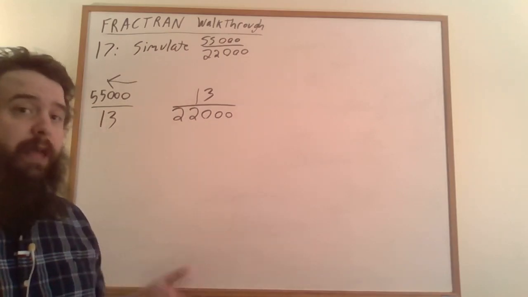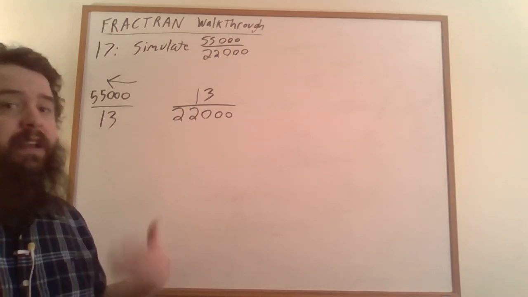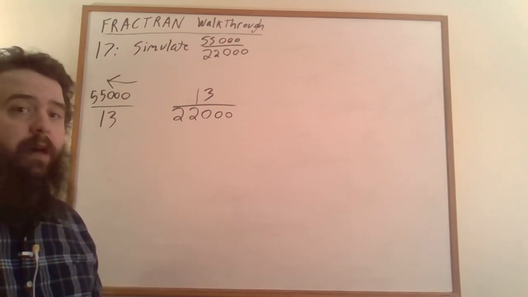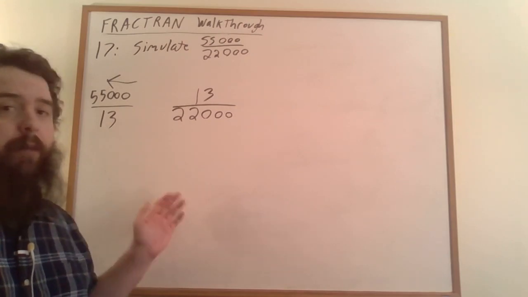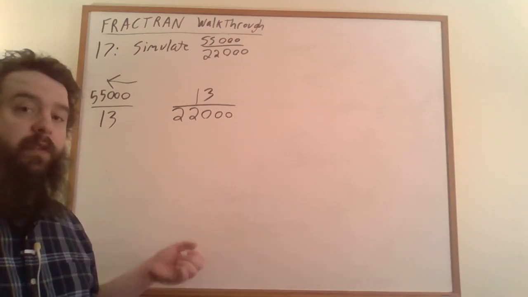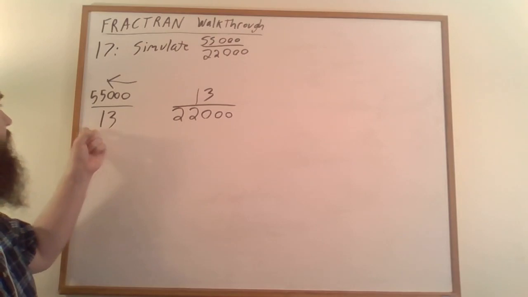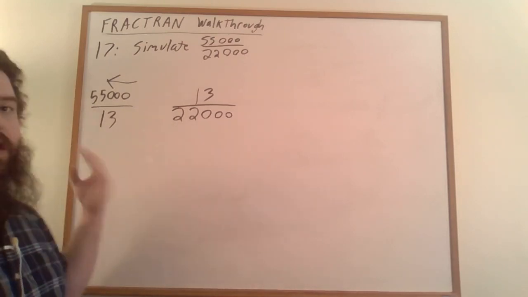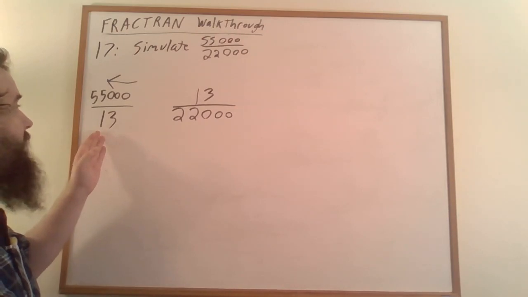And we don't have to worry about inserting this new fraction at the beginning of the program changing the behavior of the program, because we assumed that the prime 13 never actually showed up in the operation of the program. It never shows up in the input, and it's never introduced by any of the fractions. So in pretty much all situations, this fraction at the very beginning will just get completely ignored because the number isn't divisible by 13.